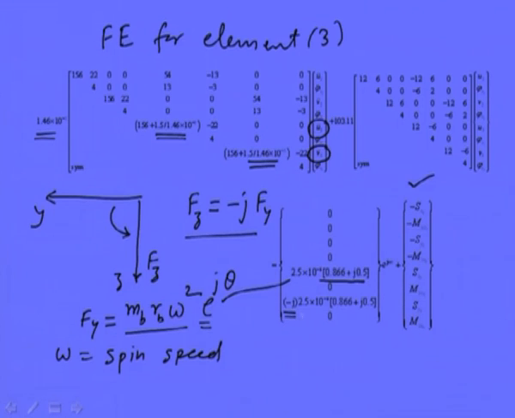We are multiplying by minus j because this is the Fz force which is lagging Fy by 90 degrees. These are the internal forces corresponding to nodes 3 and 4. Now we have obtained the elemental equation of all the three elements.